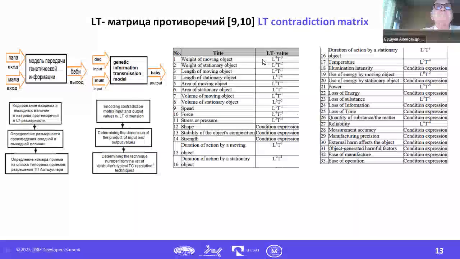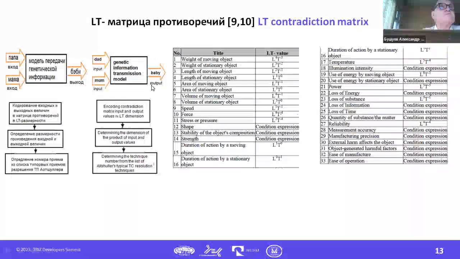If we take the weight of stationary object, there is a value in the matrix of Altshuler, but what Reich proposes is to multiply it like length and speed, showing how the hereditary information has been passed on.